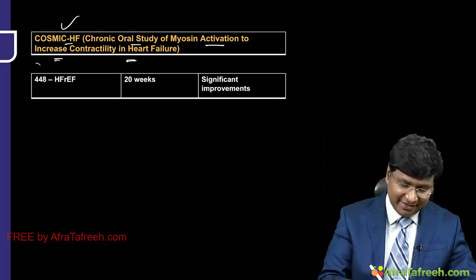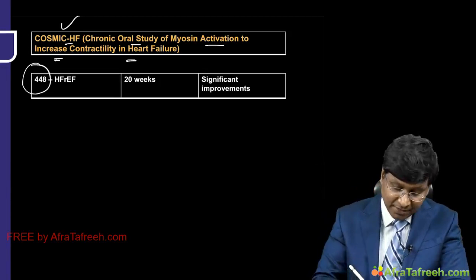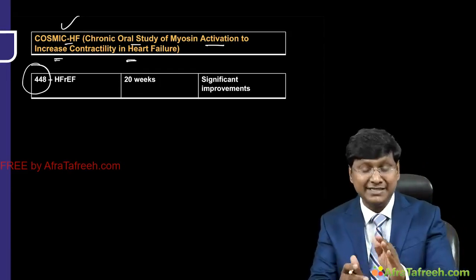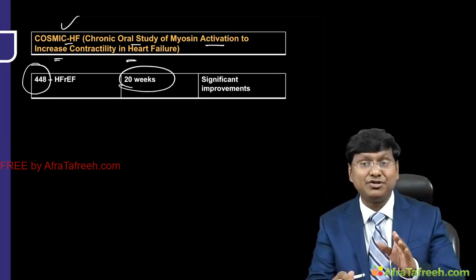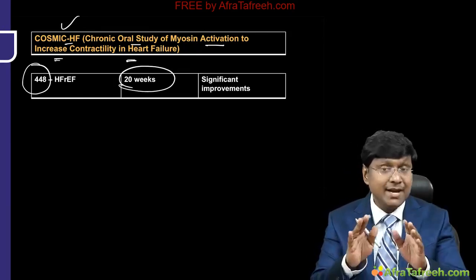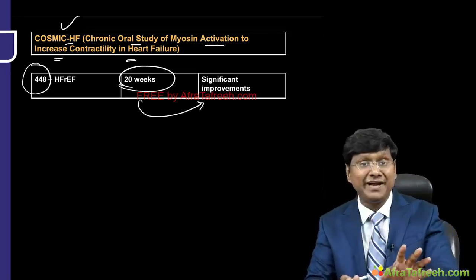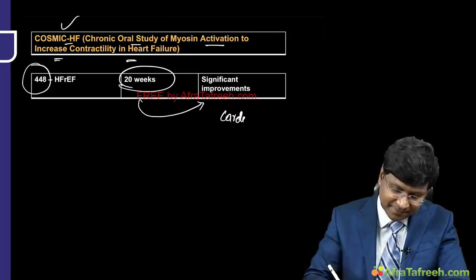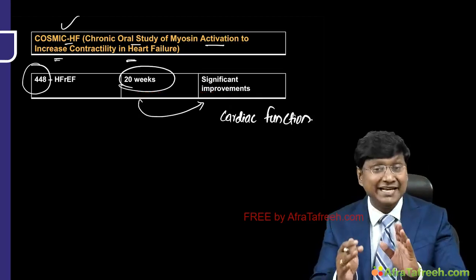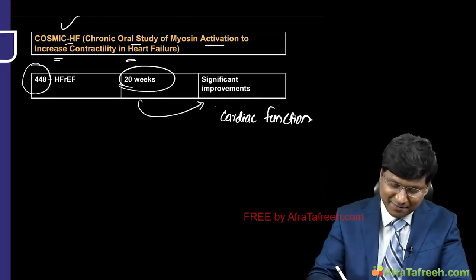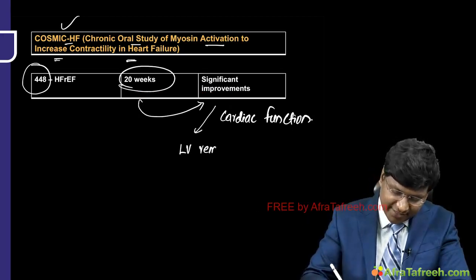So in this particular trial, they took almost 448 patients of heart failure with reduced ejection fraction. This trial continued for up to 20 weeks, so treatment with omecamtiv mecarbil was for 20 weeks. And when this drug was added, it showed significant improvement in cardiac function, and also significant improvement in left ventricular remodeling.